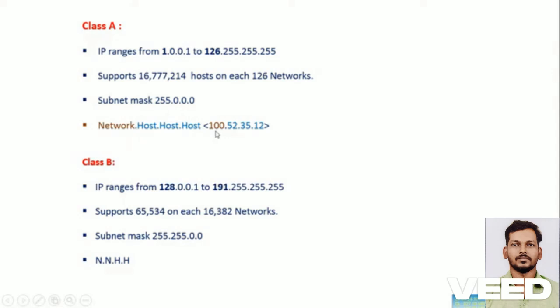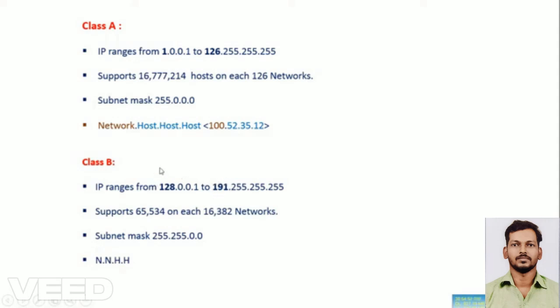For example, if 100.52.35.12 is the IP address, as the first octet is 100, which ranges from 1 to 126, it comes under class A. So in a class A IP address, the first portion is the network ID, that's the network portion, and the remaining 3 are the host portion.